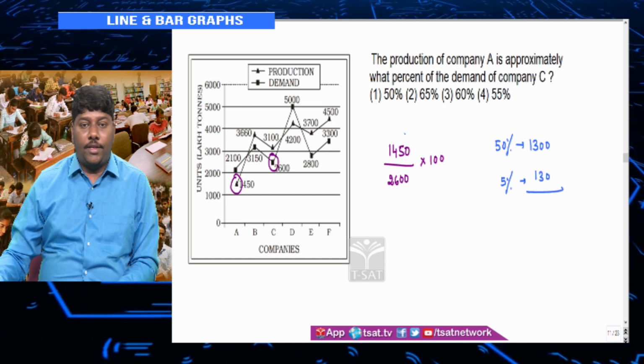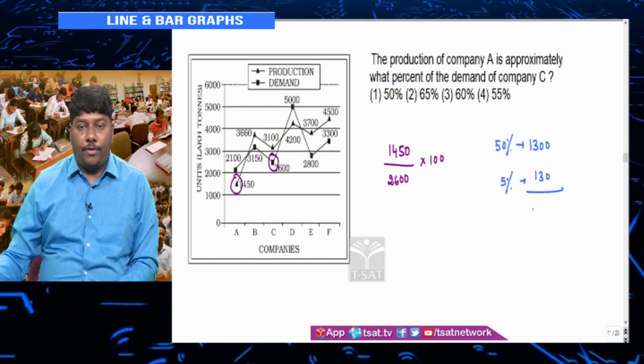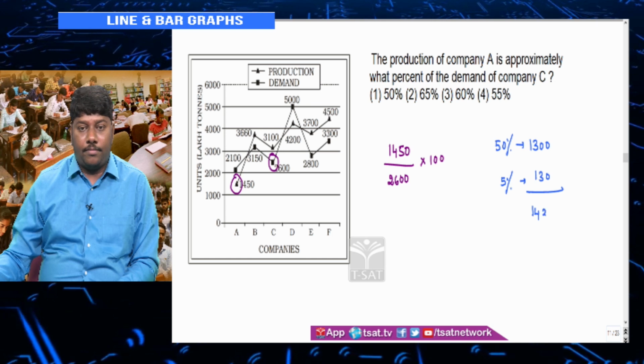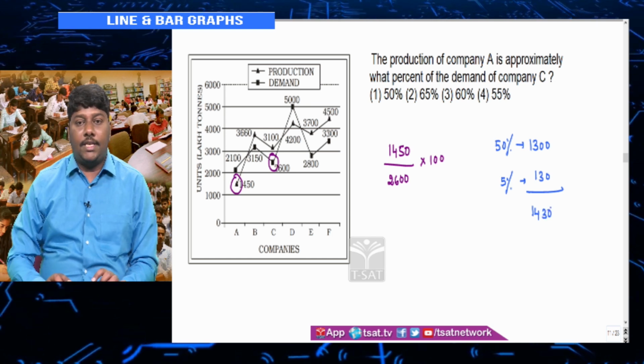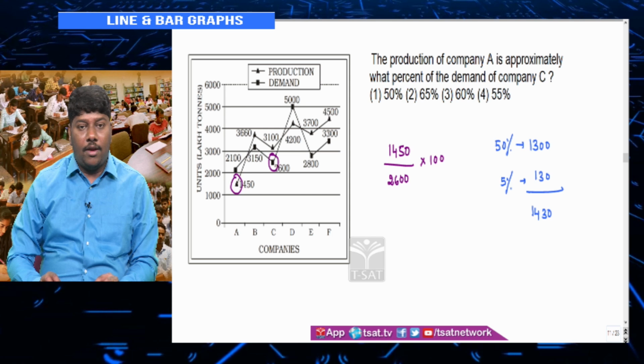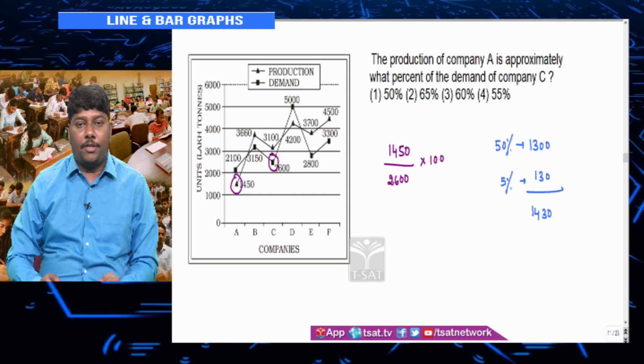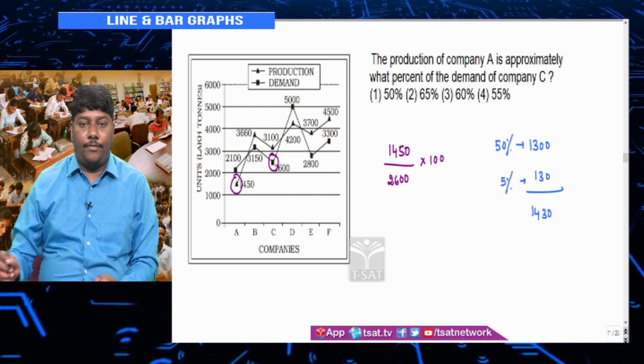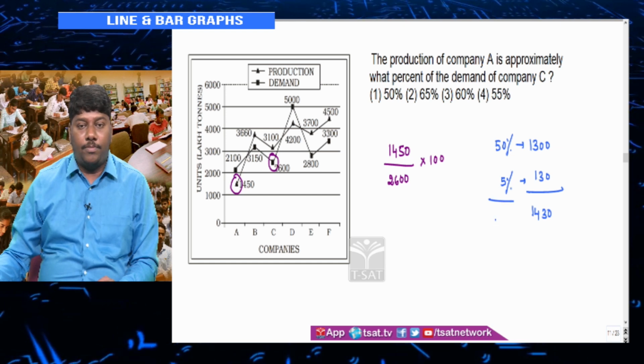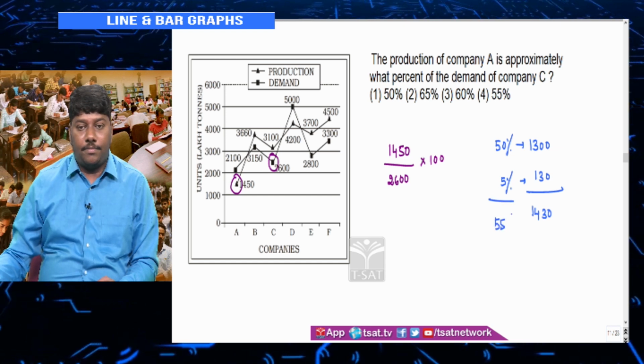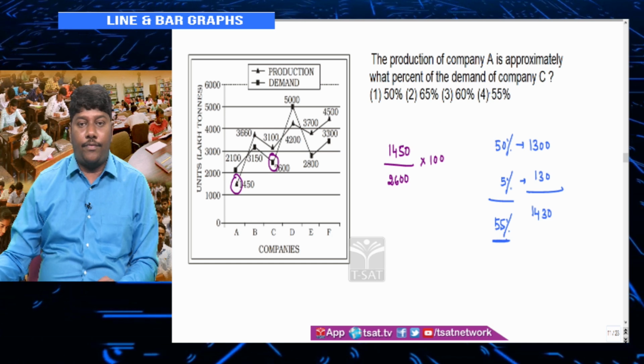My aim is to bring this 1450, therefore I am getting only 1430. This 1450 is a little bit more than 1430, but in the options we don't have a little bit more than this, 55%. Therefore, I would consider my option as 55% because it is very close to 55%.